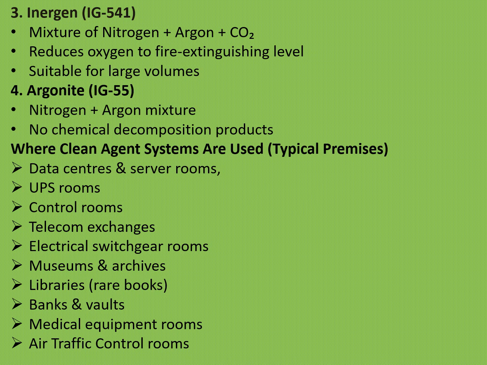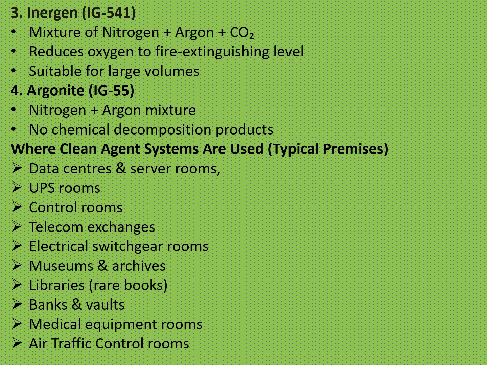Clean agent systems are mostly provided in areas which contain very valuable property or valuable information. Say in the case of data centers and server rooms, UPS rooms, control rooms, telecommunication exchanges, electrical switchgear rooms, museums and archives, libraries, because they contain rare books which cannot be reproduced later on.